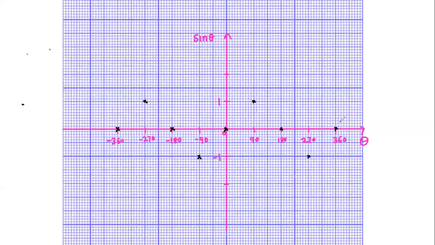Now, when you look at what we have come up with, you notice that we are coming up with a curve. So, when you come up with a curve, you have to use your free hand to draw it. So, I'm going to use my free hand to come up with that graph. So, this is how our graph is going to look like.